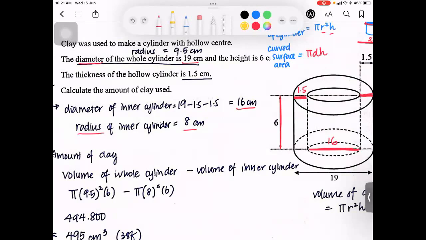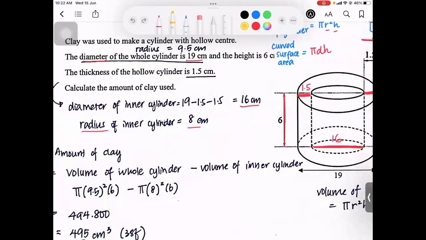But when you cut out something, the total surface area may increase or decrease. So if it's a total surface area, don't just minus everything, because some portion the surface increase, some portion the surface decrease. So for surface area of solid, when you cut out certain things, it is not always subtraction. Okay, only if volume they say cut out, then definitely most likely the volume will decrease, then it's subtraction.